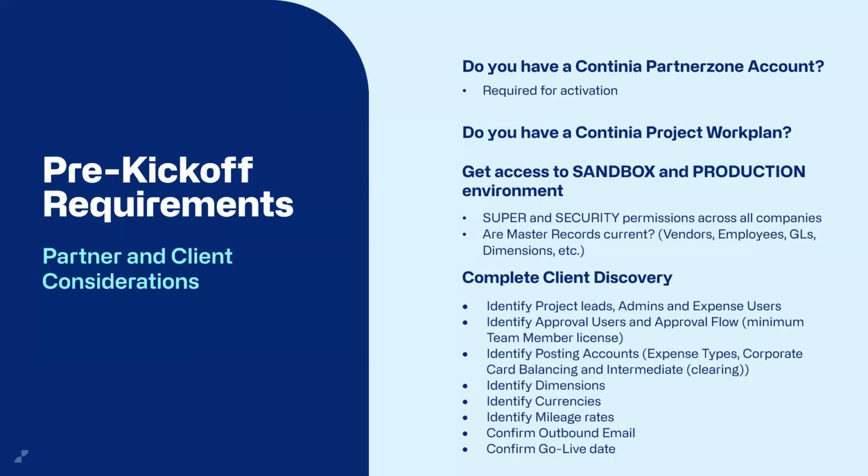If you don't have a Continia project work plan with you today, you want to request a work plan from your Continia partner account manager and use that work plan as your resource to manage the implementation. I'll go through this Continia project work plan today during this call so you're fully aware of its contents and you understand how to navigate that document.